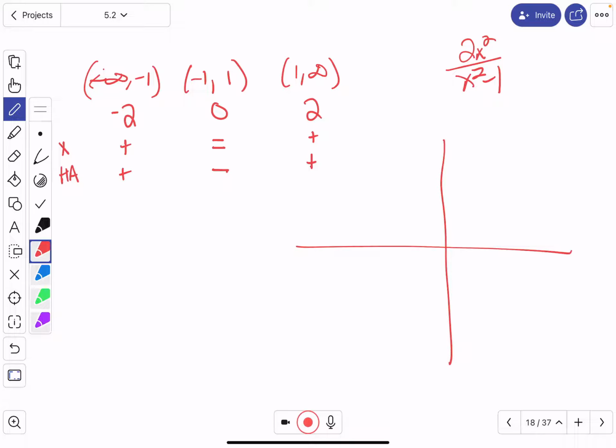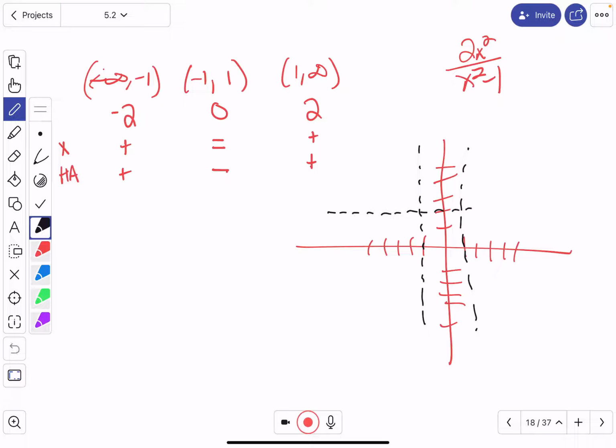So if I'm graphing, I'm going to put my vertical asymptotes. And then the horizontal one was y equals 2. So I'm going to put a line there. And my x and y intercept was 0, 0.